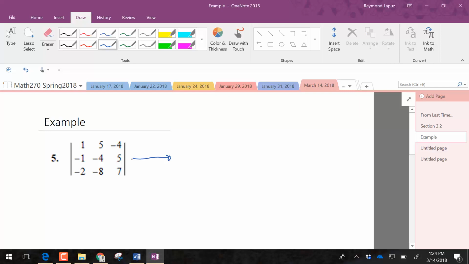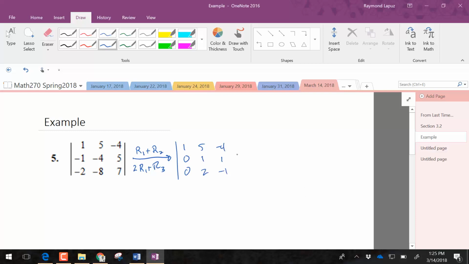So for a row reduction, we're going to multiply the first row by 1, and then add it to the second row. We get 1, 5, -4, and this becomes a 0. And this is a positive 1, and then this is a positive 1 again. All right, now let's multiply the first row by 2 and add it to the third row to knock that 0 out again.